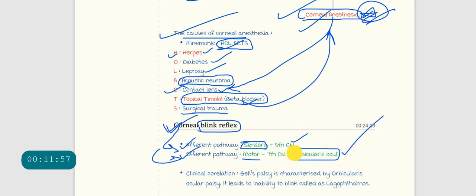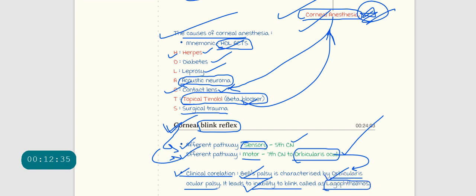That is Bell's palsy. It is characterized by orbicularis oculi palsy, and it leads to inability to blink the eye. The patient would be unable to blink his eye, and this is called lagophthalmos. Lagophthalmos is a clinical condition.